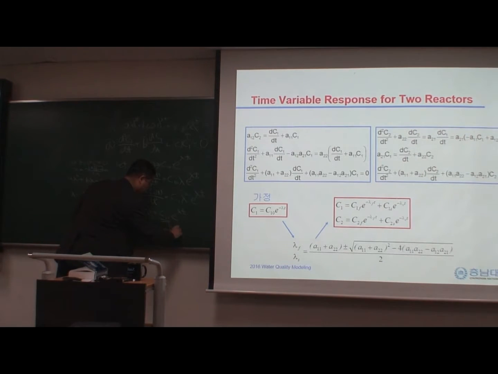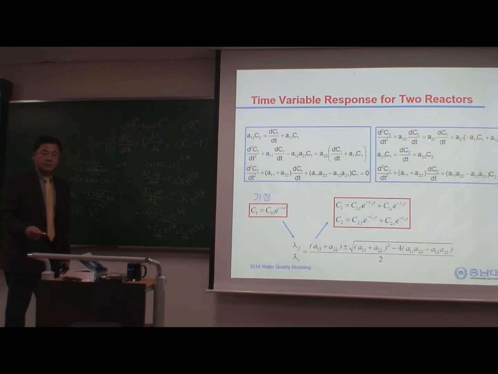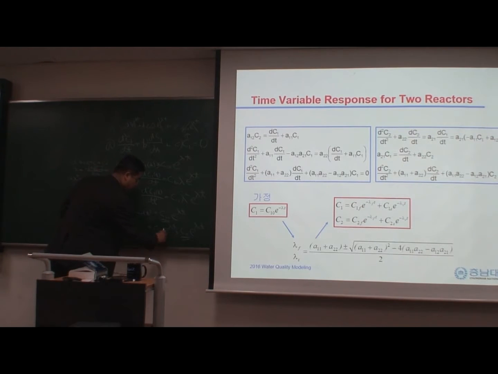e to the power of lambda 1 t plus e to the power of lambda 2 t. I still don't know what those coefficients are. Okay? But at least I know my lambda 1 and lambda 2 are there.